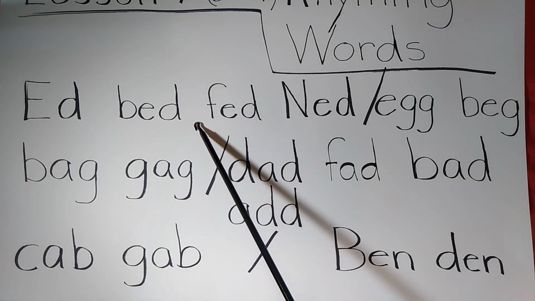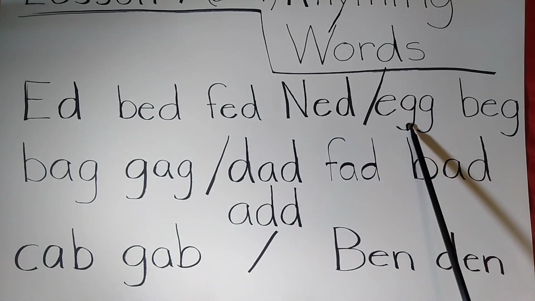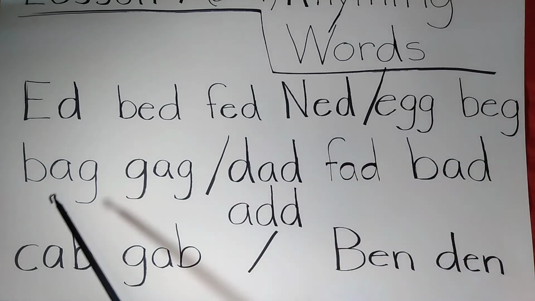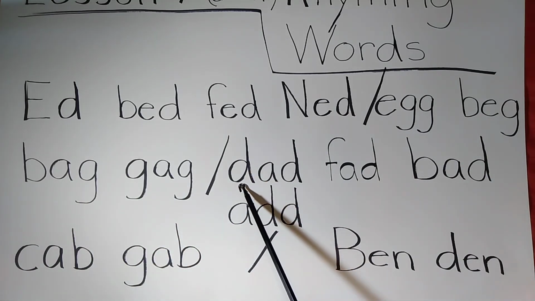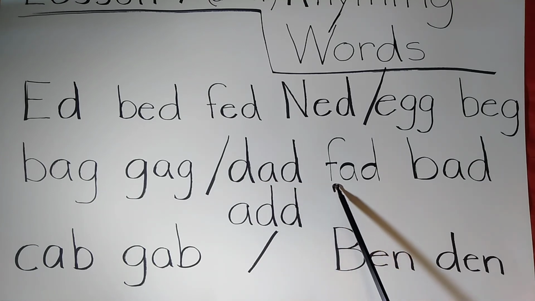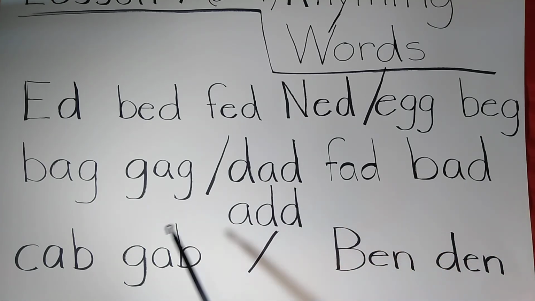Ed, bed, fed, Ned. Then egg, beg. Then bag, gag. And then dad, fad, bad, and add. And last, cab and gab. That was next to last. Last, Ben and den. All right, teachers, use pause. Have the students go through these 2 or 3 times.